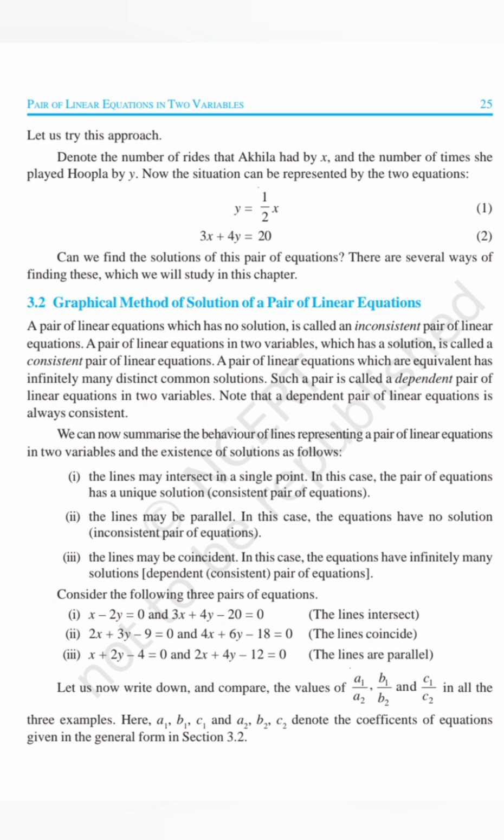Now you have the graphical method of solution of a pair of linear equations. Consider a pair of linear equations which has no solution. When you have two equations like this and you don't get values of x and y, those equations are called an inconsistent pair of linear equations. A pair of linear equations in two variables which has a solution is called a consistent pair of linear equations.